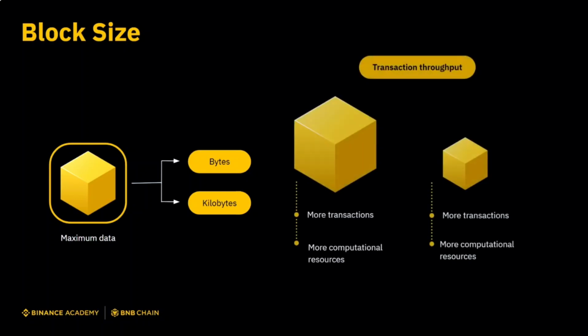A larger block size can accommodate more transactions, which results in a higher overall network capacity and speed. However, larger blocks also require more computational resources to validate and process. On the other hand, smaller blocks use fewer resources but can process fewer transactions. Deciding on the ideal block size is therefore a balancing act.